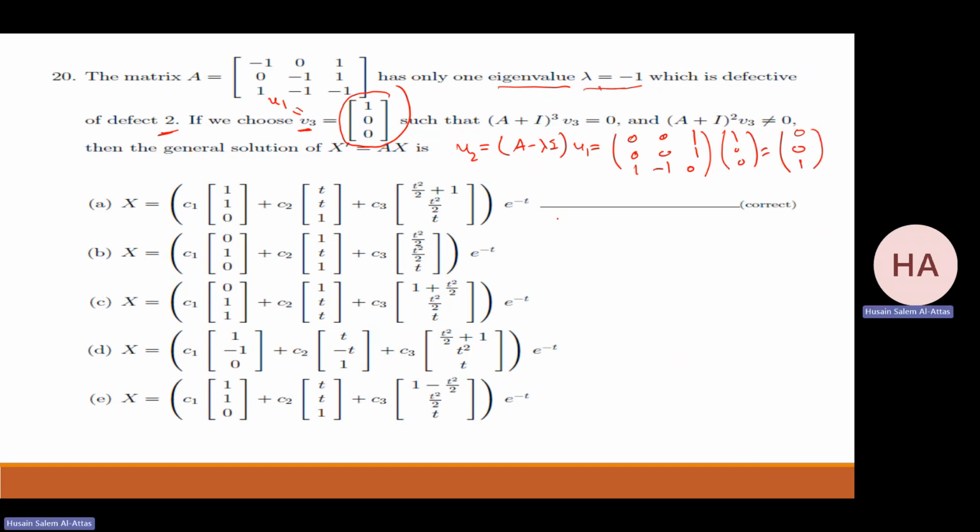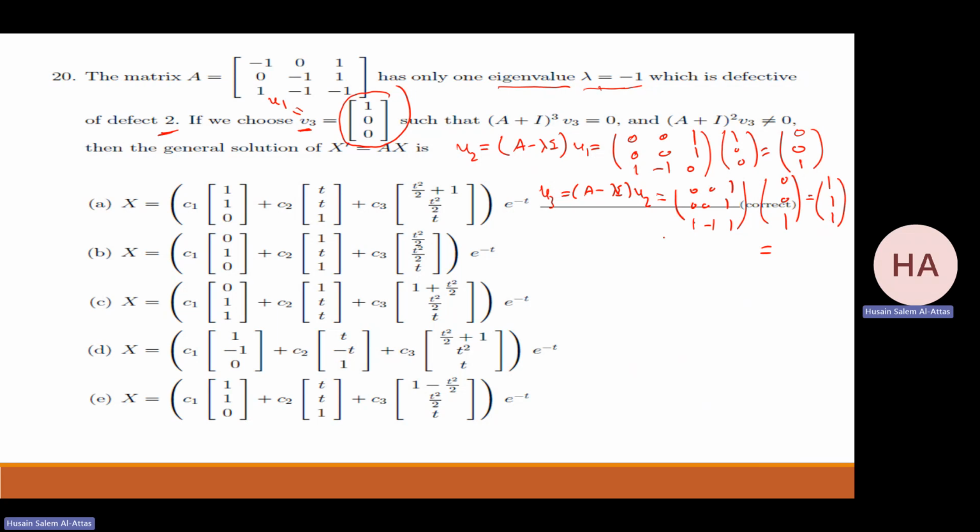This is U2. U3 will be what? A minus lambda I times U2. Now I have 1 minus 1, 1 times 0, 0, 1. That will be what? 1, 1, 1.